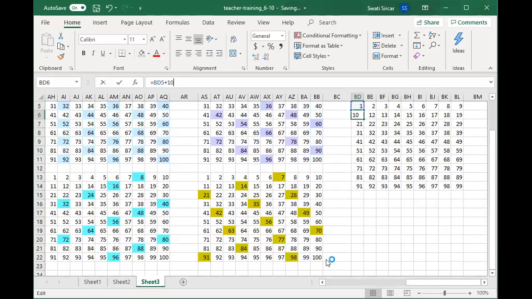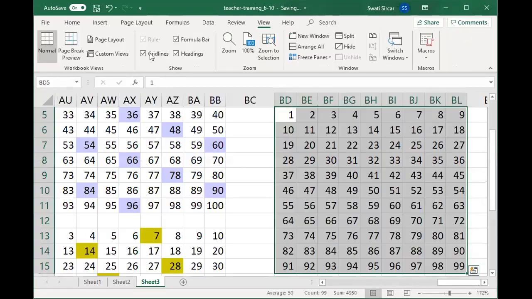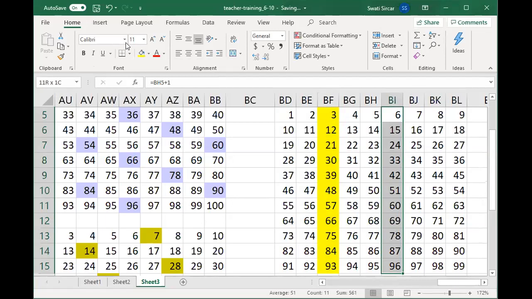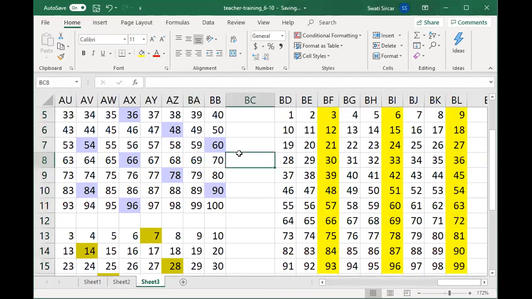Now, for example, these vertical lines. This is a grid for multiples of which number? 3. Right.